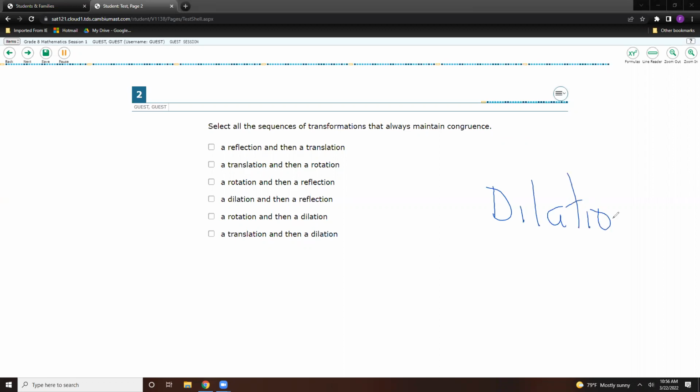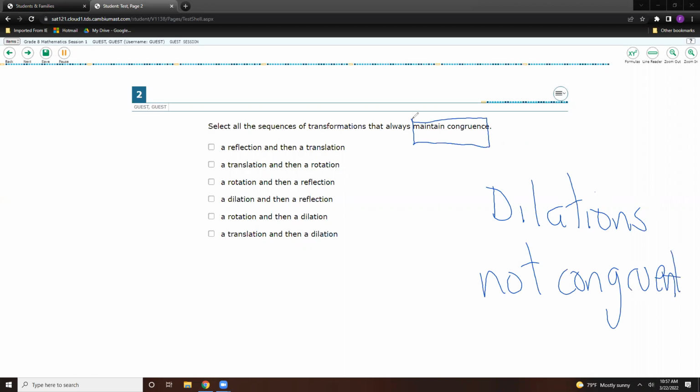Dilations are similar, but not congruent. So we want to maintain congruence. We don't want to pick anything that has dilation in it. So we do not choose that, we do not choose that, we do not choose that, as they have dilation. So to answer correctly, I choose the first 3.